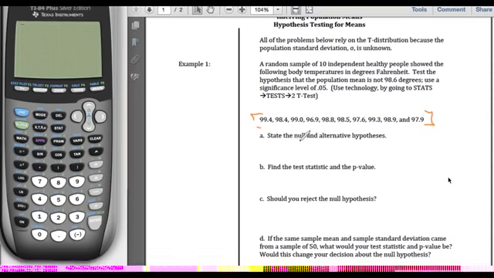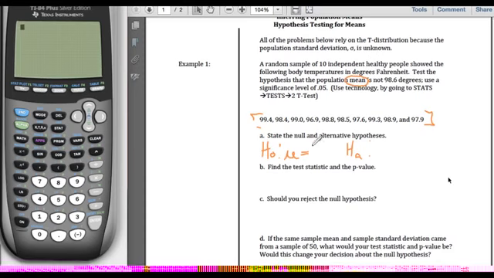First off, we're going to state our null and alternative hypotheses, our H0 and our HA. This time, we're going to use mu equals instead of p equals for our null hypothesis. We're now talking about means and not proportions or percentages.